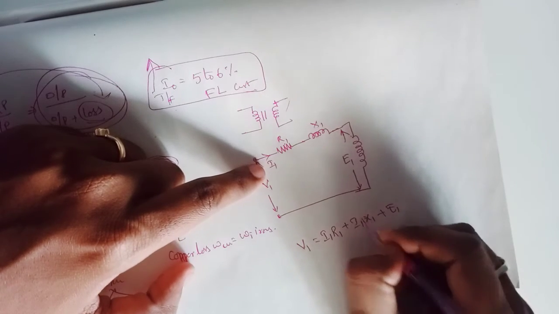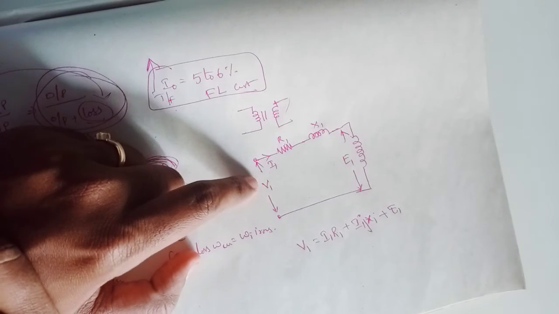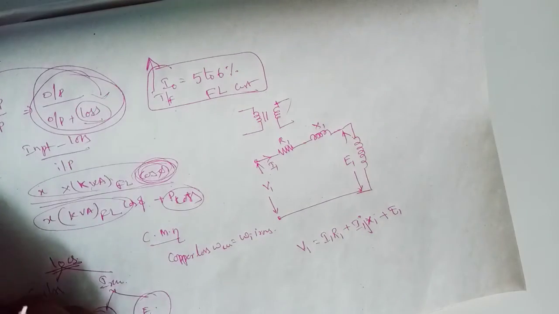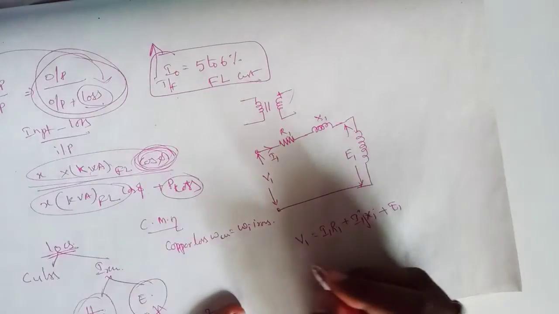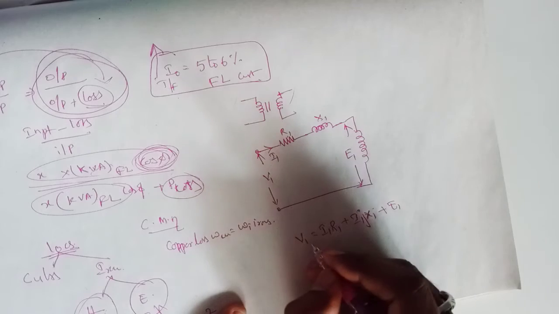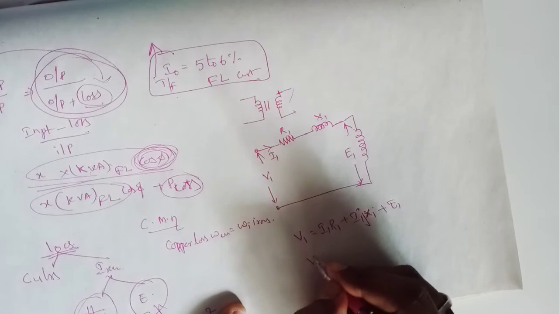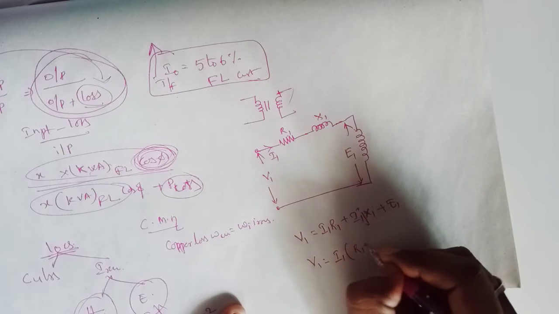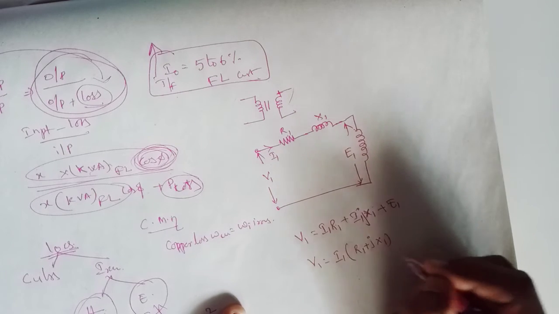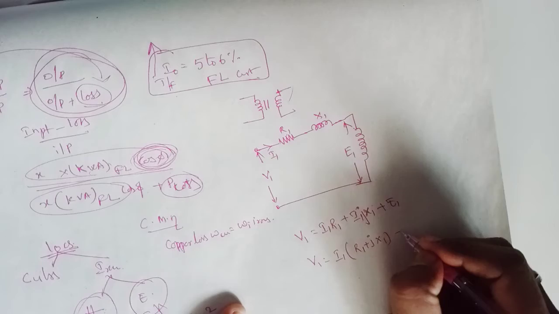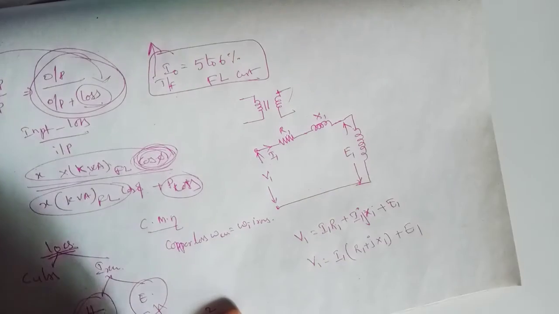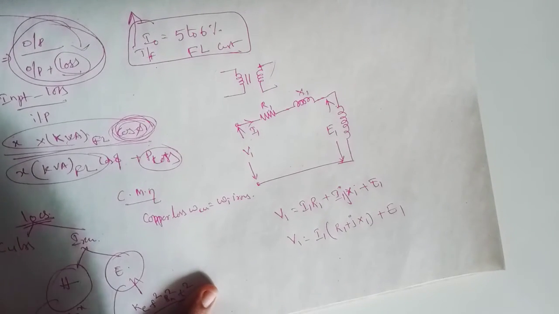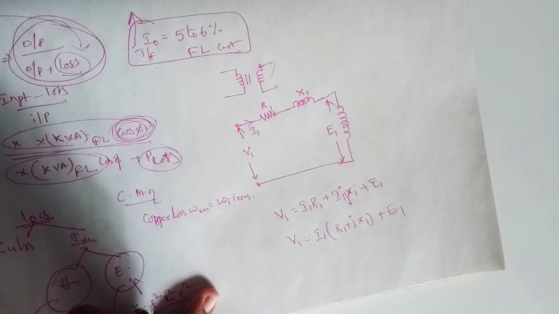X1 is represented as jX1 because it is an imaginary term. So V1 = I1 (R1 + jX1) + E1. This is the basic equation for the primary.